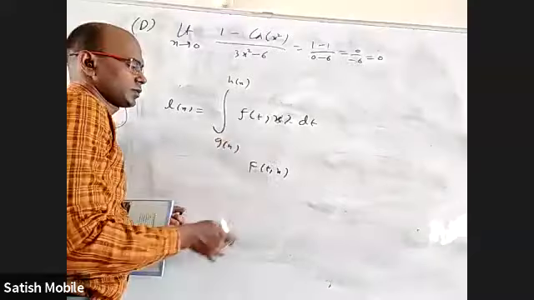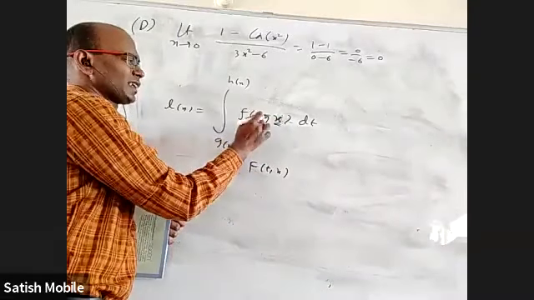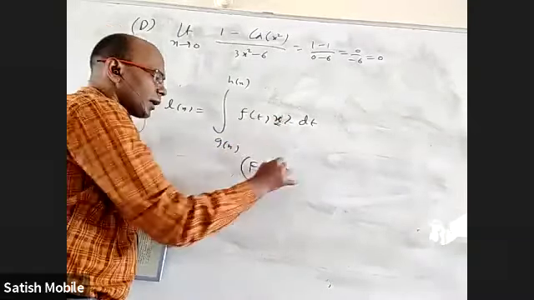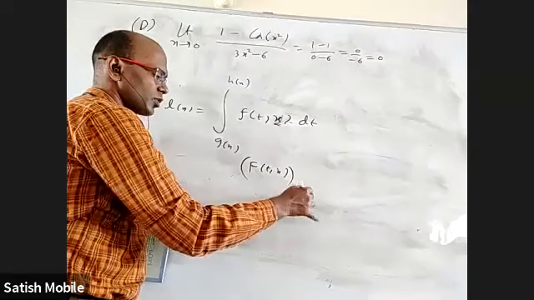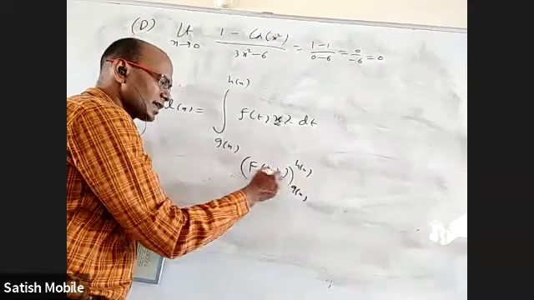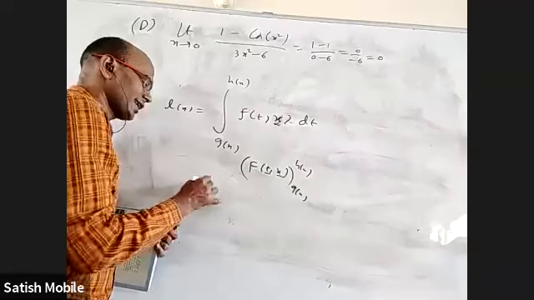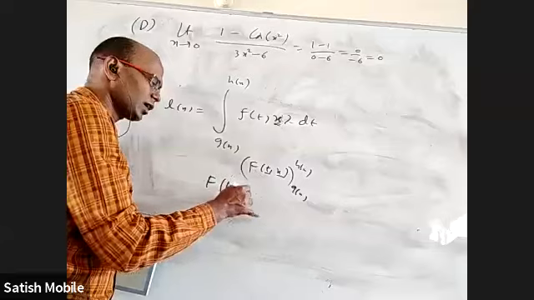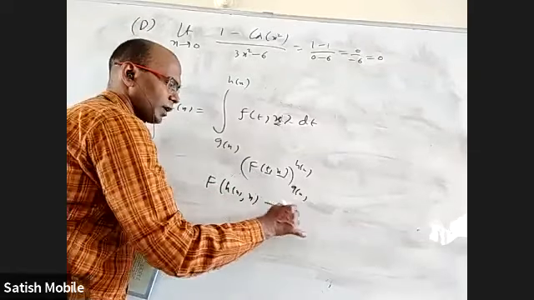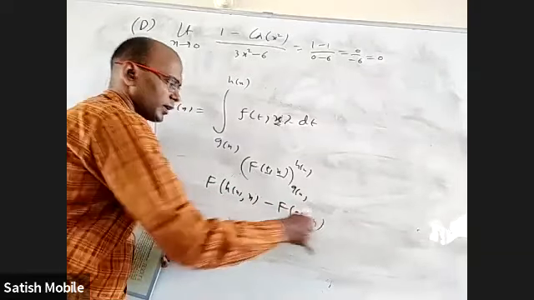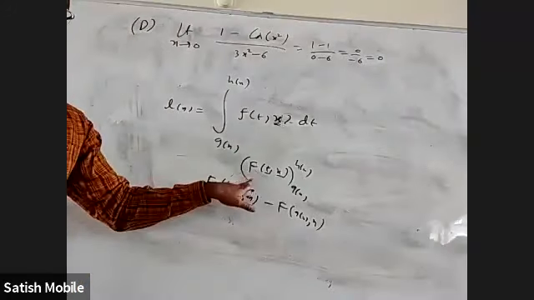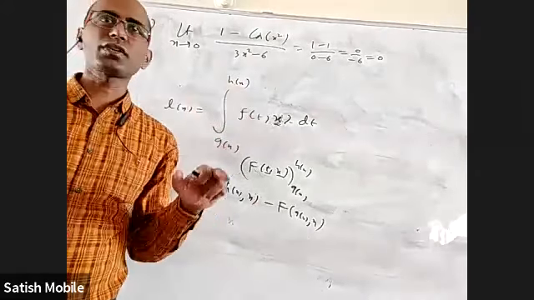Because x is constant, you integrate only the t part. But the problem is when I put G of x and H of x, there will be an intermix of that. For example, it is capital F of h of x comma x minus capital F of g of x comma x. For this integral we are treating x as constant.